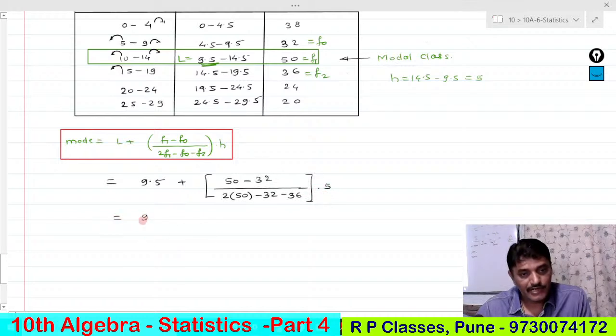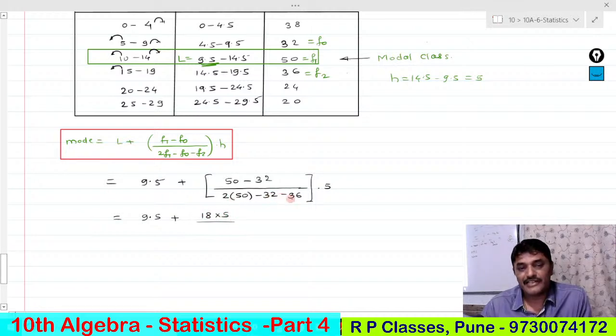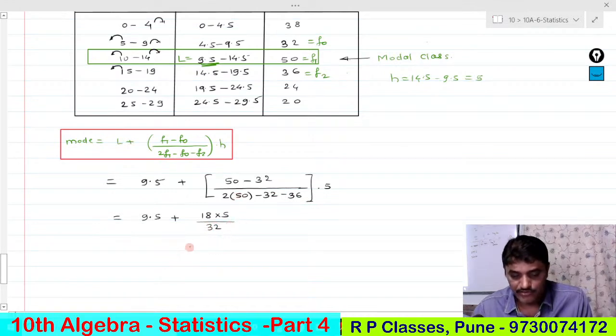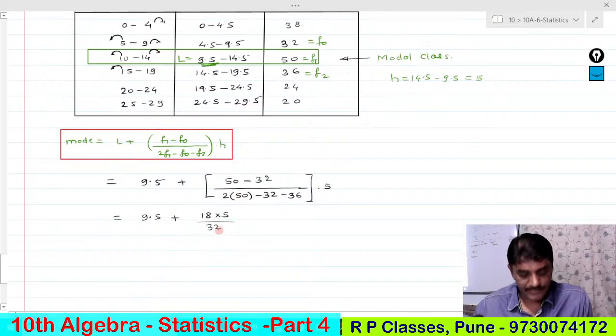So that is equal to 9.5 plus 18 into 5 divided by 100 minus 68, 32. 100 minus 68 is 32. Now how do we do this? Well, this will be 9 by 16. So this is 9.5, 45 upon 16.